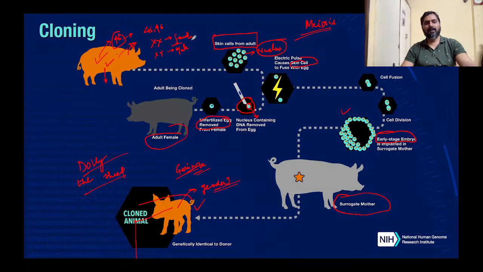So in these 46 chromosomes you have the information regarding gender also. Yes, so the gender of this will be the same as that of this organism. Why? Because we are making a clone, so the gender related information is also passed. It will be of the same gender.